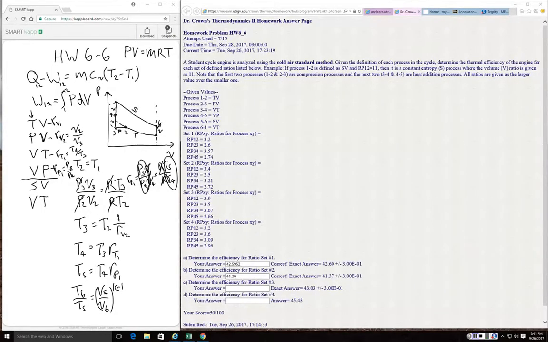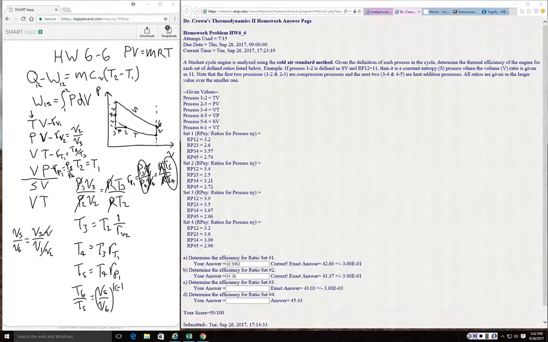So V5 over V6, I can replace V5 is the same as V3. It's the same as V4 also. And so this is going to be V3. And V6 is the same as V1. And then if I multiply and divide by V2, or divide both the numerator and denominator by V2, that doesn't change anything. So V2, right?